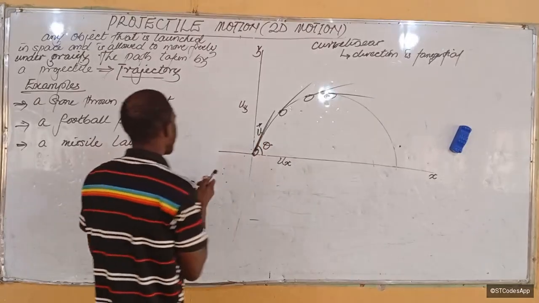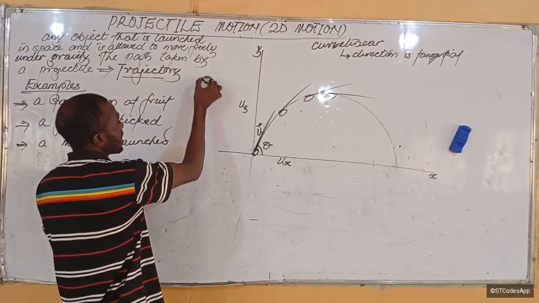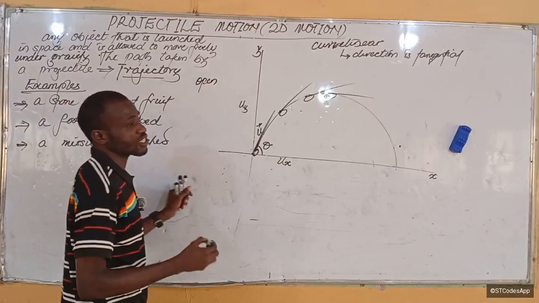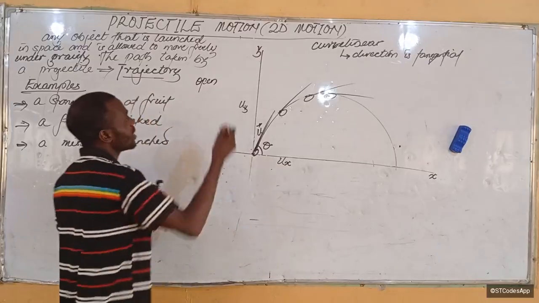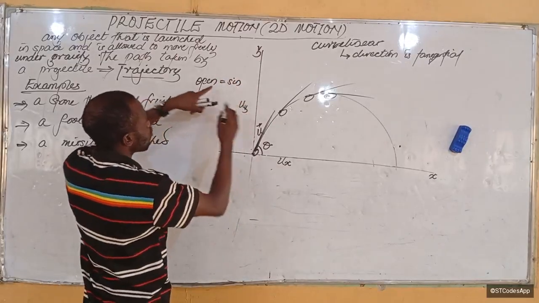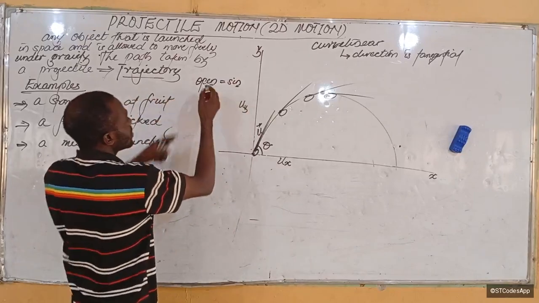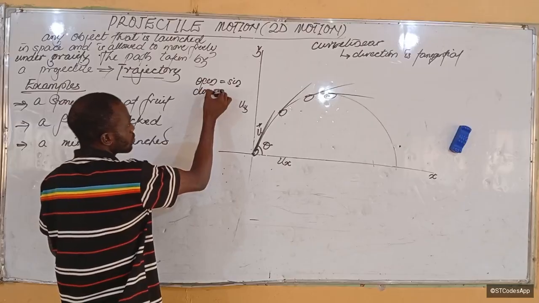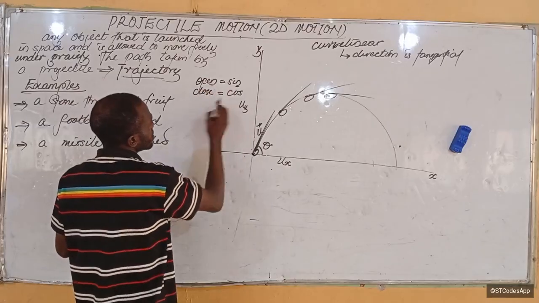I've told you times without number, I've said it like 1,321 times, I remember the number, that when you open an angle, you use sine. Then when you close an angle, you use cos.